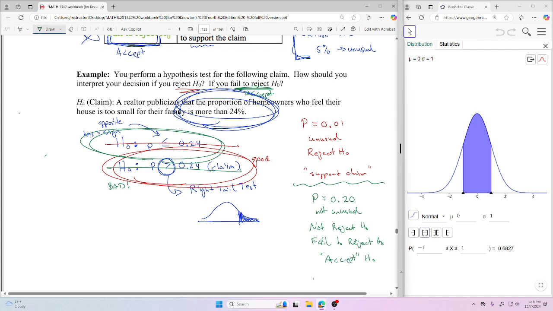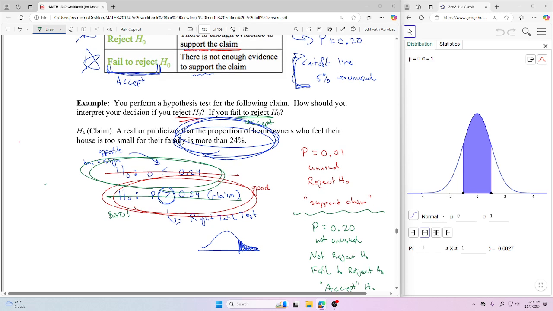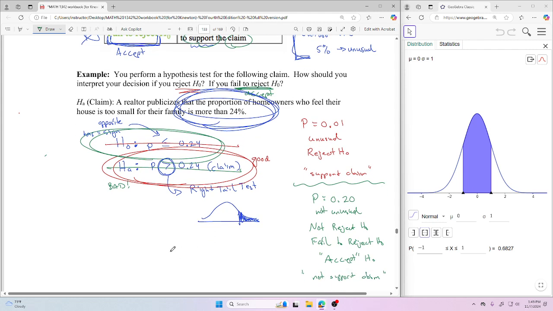I would say not support the claim. And that's, again, right here, if you scroll up a tiny bit, it says, look, not support the claim. Yeah. And again, that's the answer. I know that's kind of like, wow, we did no math. We're skipping ahead to, that was the answer.